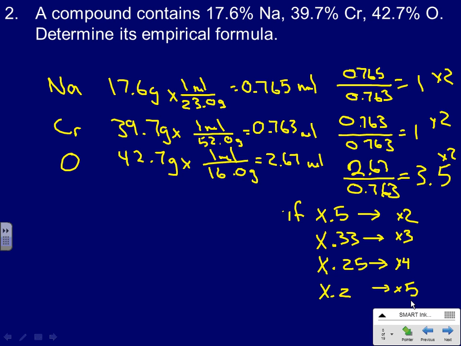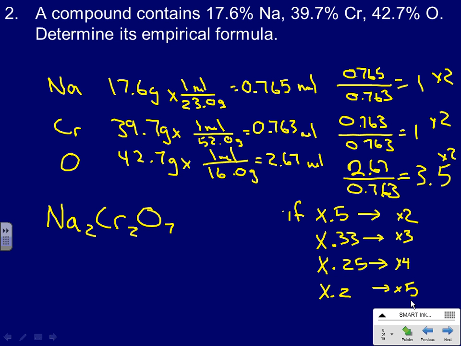And now I can write the empirical formula. Somebody tell me, Na2Cr2O7. And that is, I think that's a dichromate. I think it's a sodium dichromate or something like that. All right? So a little add-on to this question. You can end up with a 0.5 here.